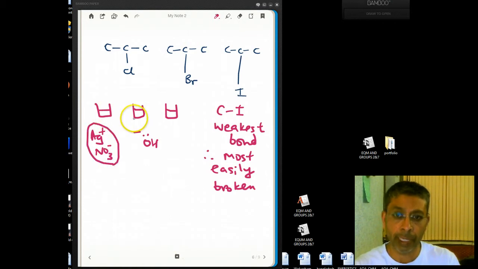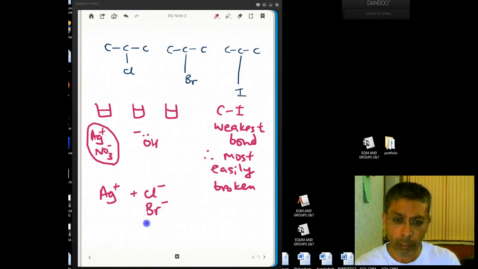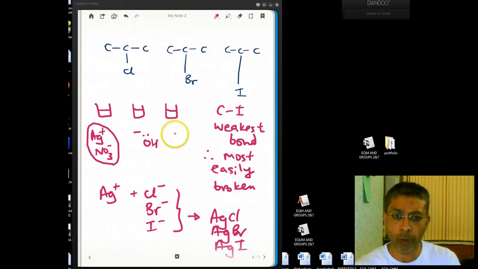So that's already in these beakers. Now as the hydroxide substitutes the chloride or the bromide or the iodide, then the silver ions will go on to react with the chloride, the bromide or the iodide, producing for you the precipitates: silver chloride, silver bromide, and silver iodide. So where you see the precipitate first, you know that that reaction was the fastest. Okay, right.